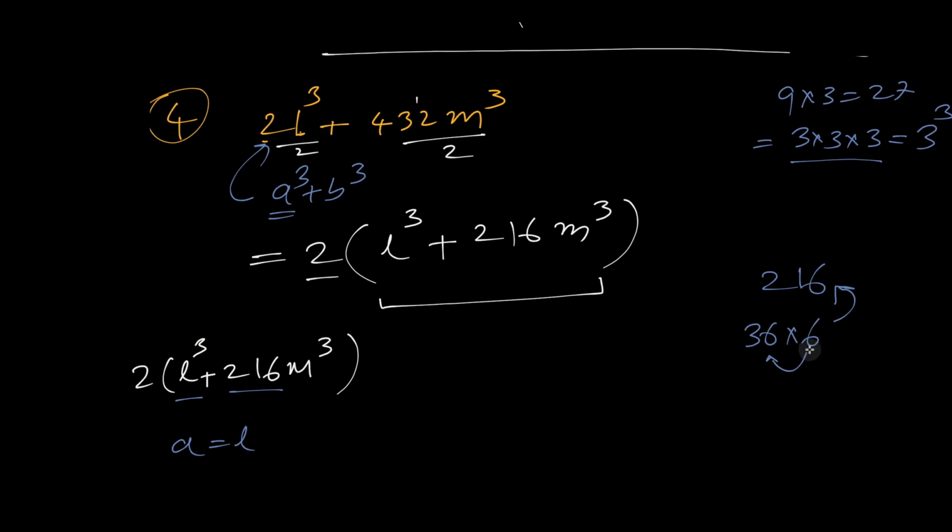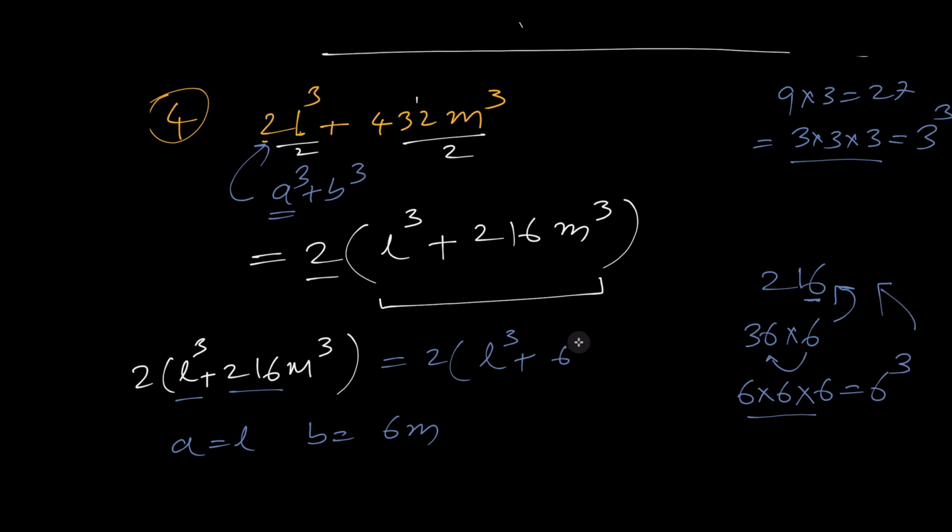In that way you have to remember the numbers that multiply to give the last digit 6. Write it as 6 into 6, and this is the remaining 6, so it is 6 cube, which is as good as multiplying 6 three times, and it will result in 216. So what is b here? B is 6m, because we are writing 216 in this format: l cube plus 6m whole cube.